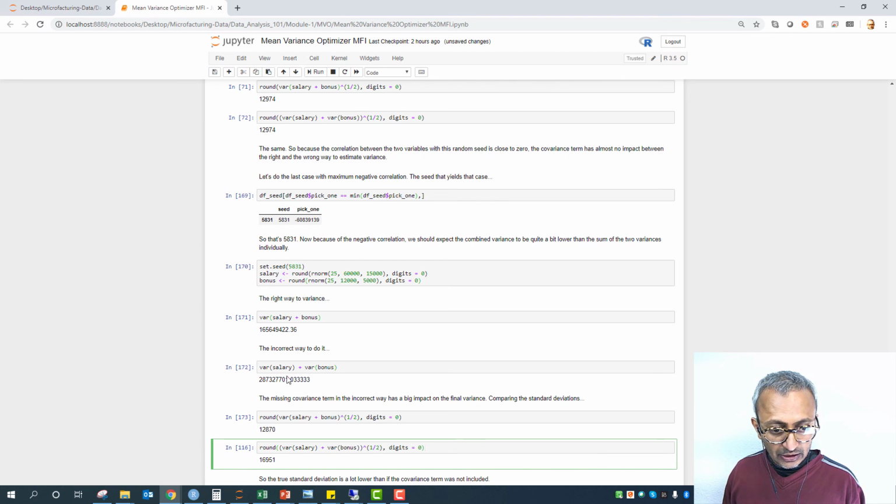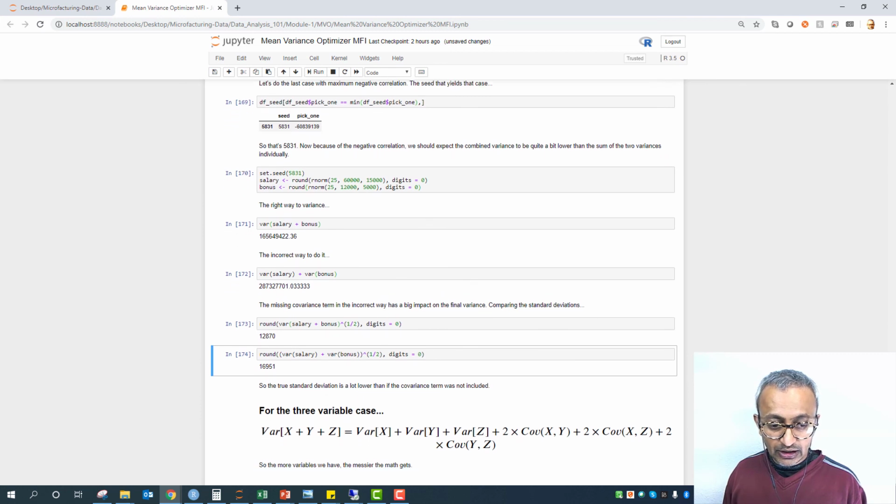So if you calculate the standard deviation the right way versus the wrong way, you will see that you are basically overestimating the standard deviation, which is not good, because you end up making wrong decisions, wrong conclusions.